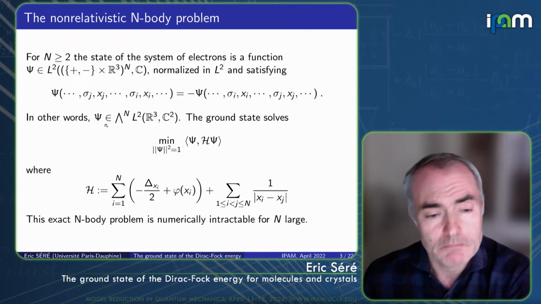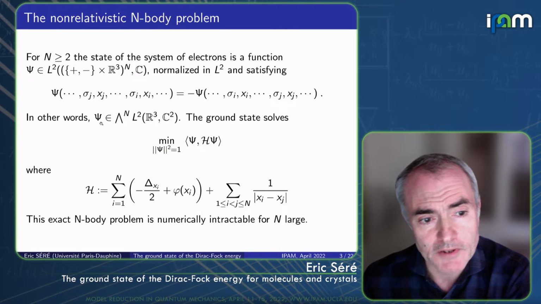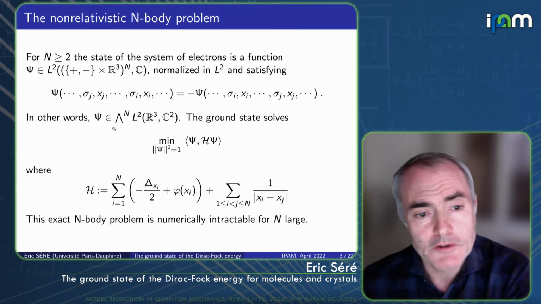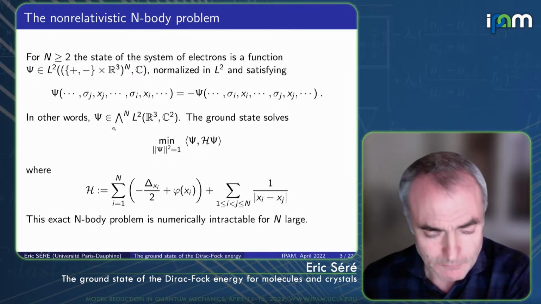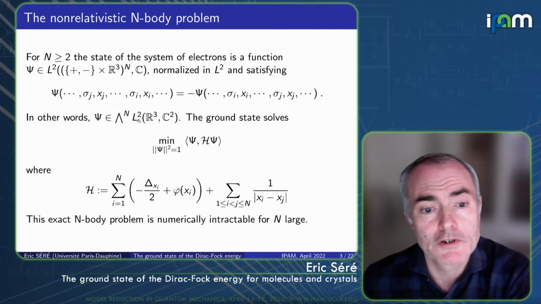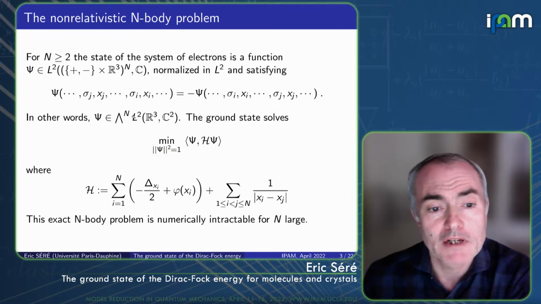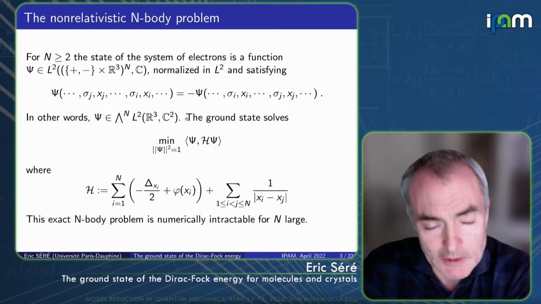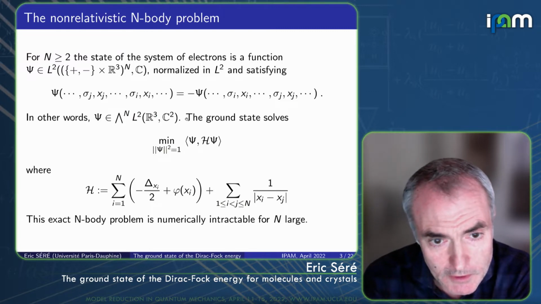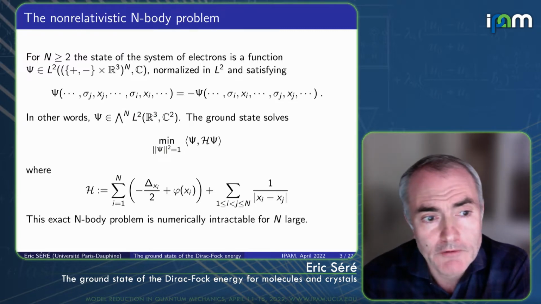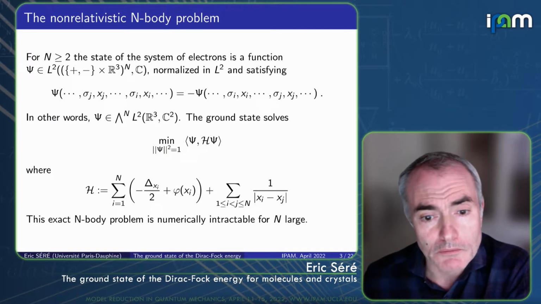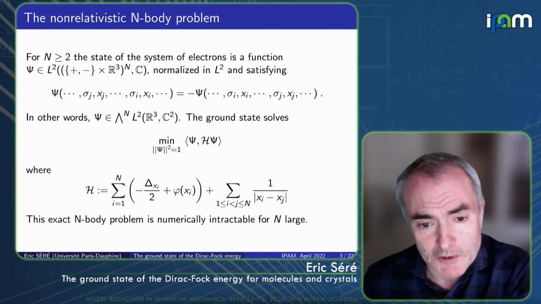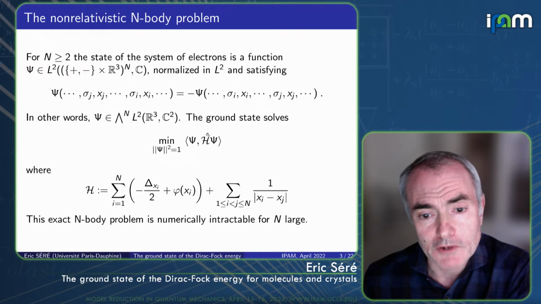This means, from a mathematical viewpoint, that psi lives in the antisymmetrized tensor product of n copies of the monoelectronic Hilbert space. And the ground state, exactly as for n equal 1, is a minimizer of a quadratic form associated with the Hamiltonian.